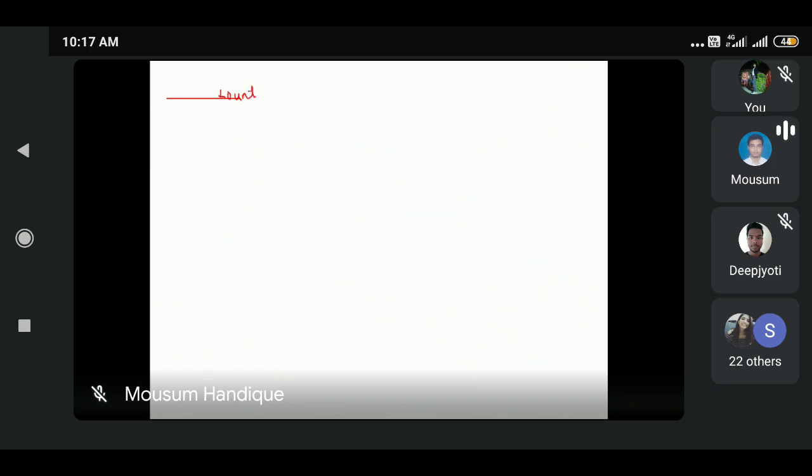This one is the count table. The first column is the count state, and this one is the count.